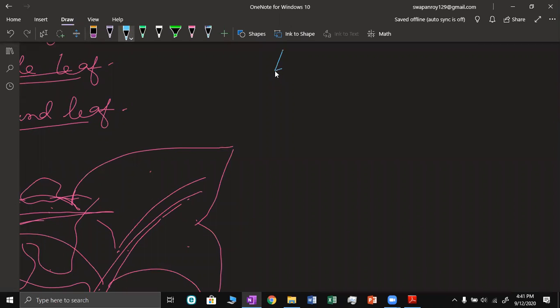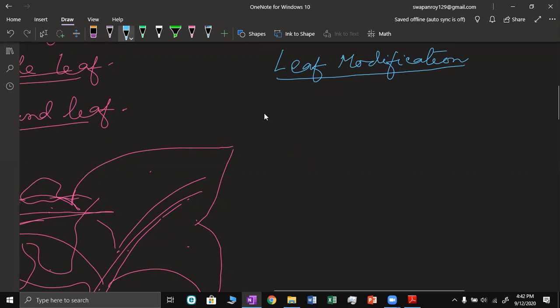Like what we have learnt in the case of root and stem, there are modifications. In leaf also modification is there.